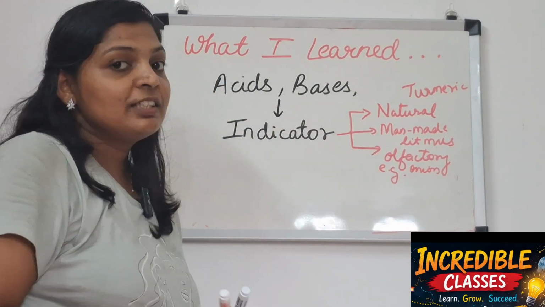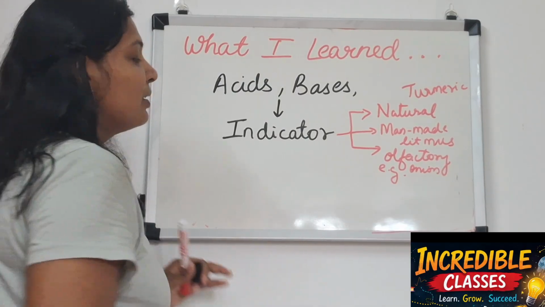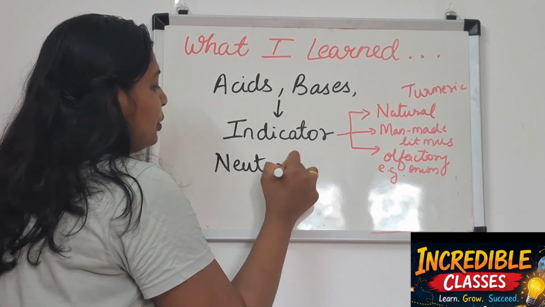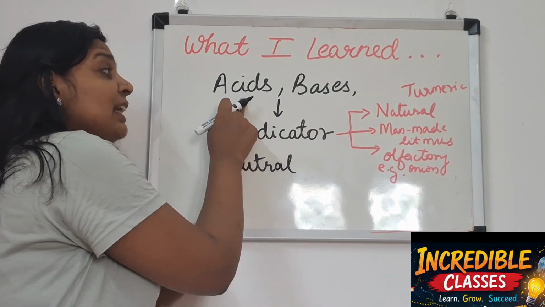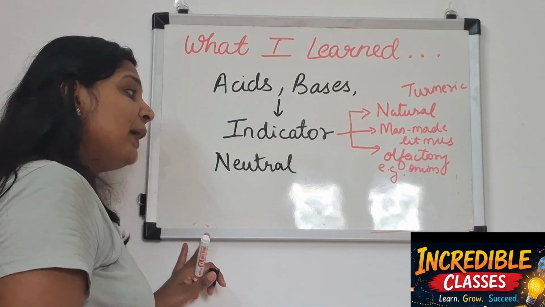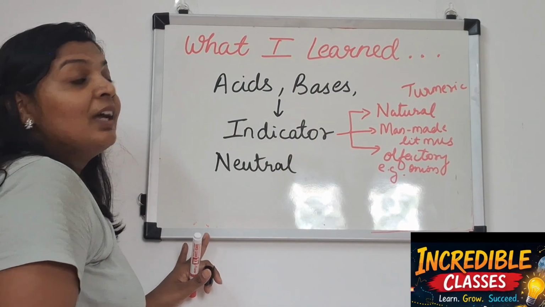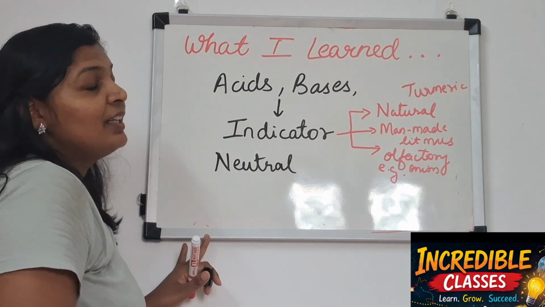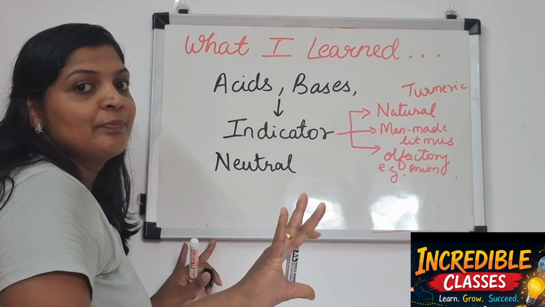Now we have also studied that apart from acid and base, we have another kind of substance that is called neutral substances. Neutral substances are those kinds of substances which have neither the property of acid nor the property of base. They are also naturally found, such as water. Water is a universal indicator we call, because it is very neutral.